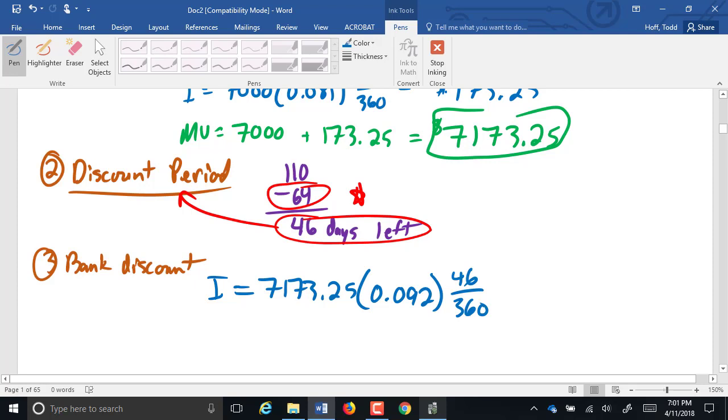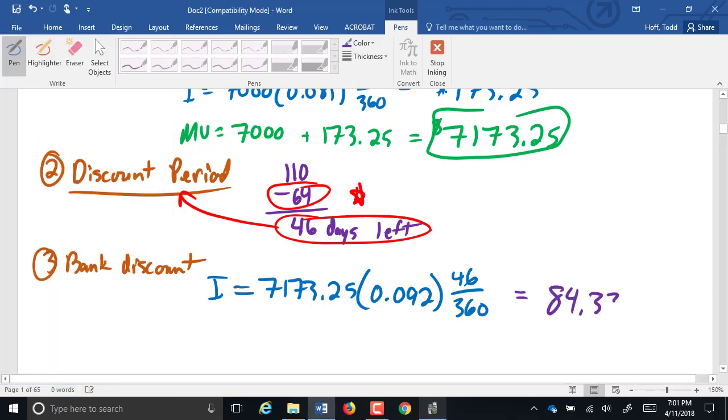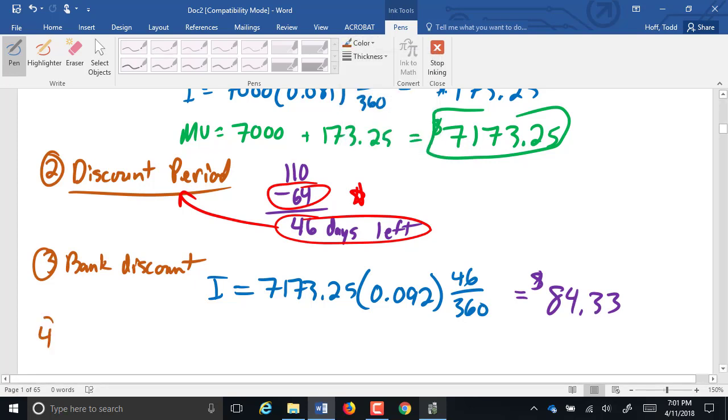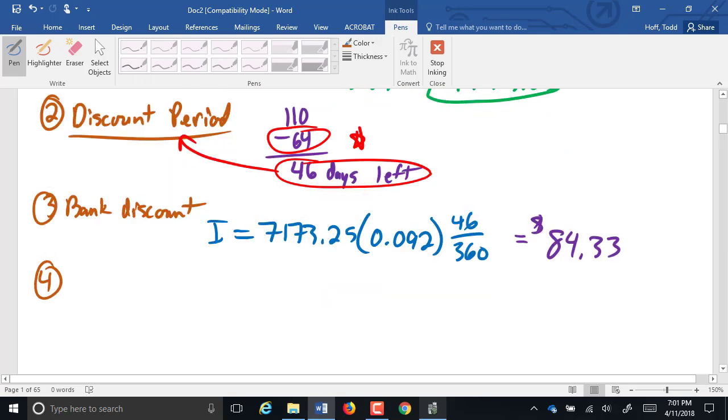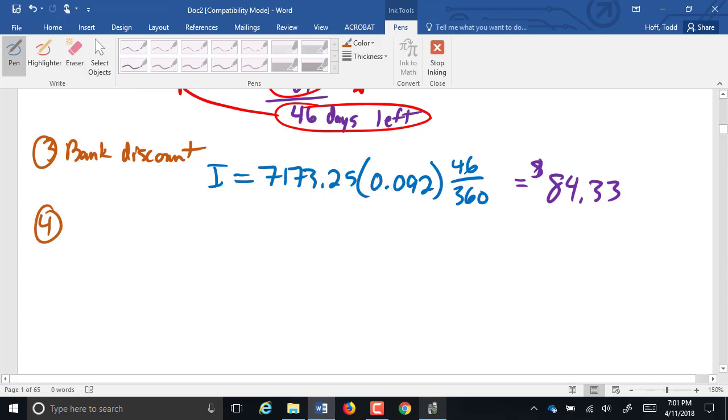The bank's discount rate was 9.2%, so 0.092, and the period was 46 days, so 46 over 360. Multiplying that out, 7,173.25 times 0.092 times 46 over 360 gives $84.33, or $84.32 if you wanted to leave it that way for now.